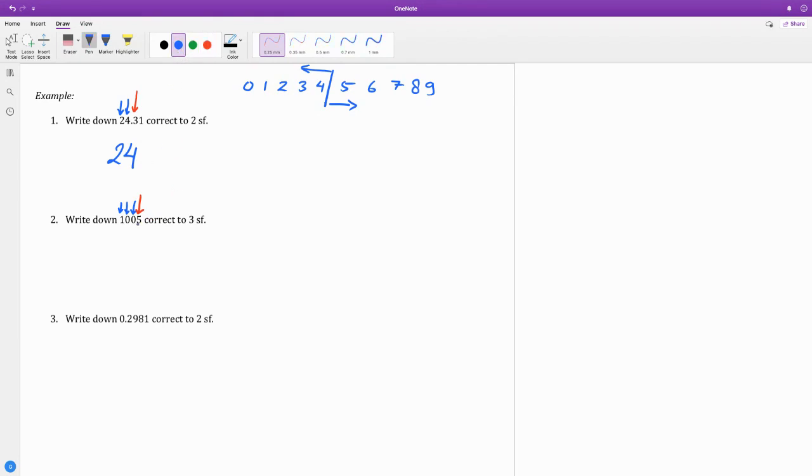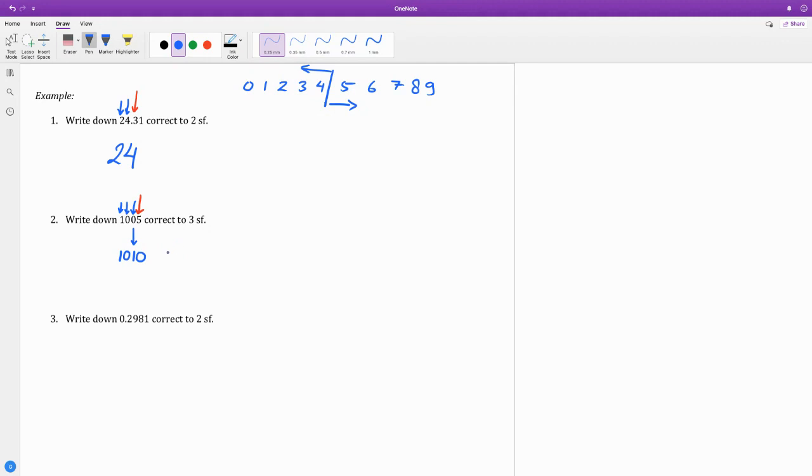Since it's 5, we need to add 1. It becomes 1010. Because we have 1000 here, it's not 101, it's 1010. We round it up.